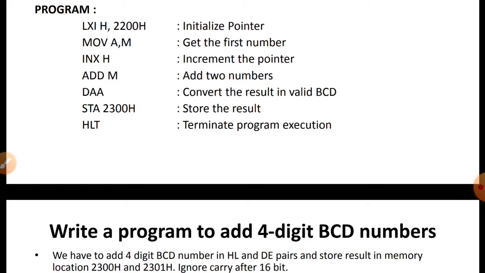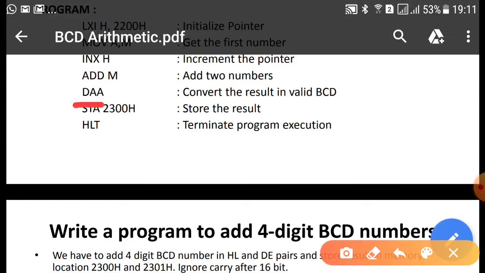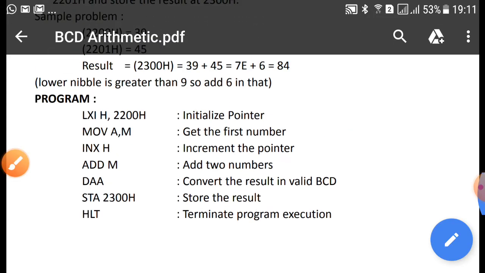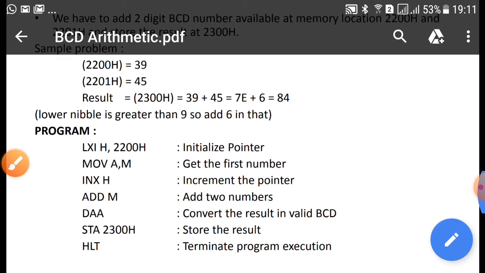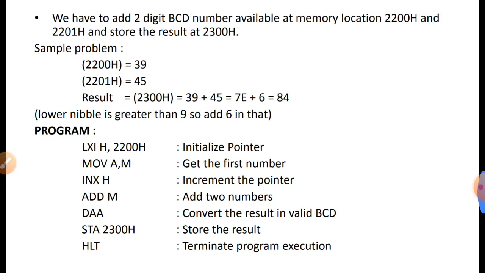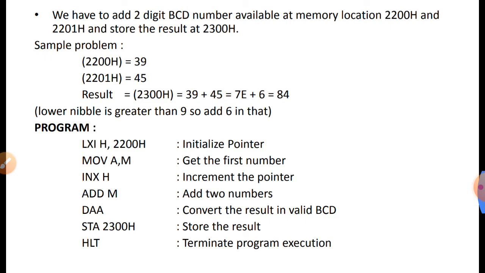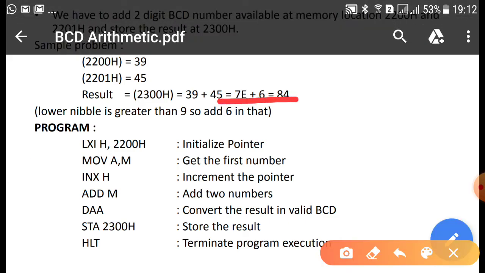So for that we have to do an adjustment, and that adjustment can be done with the help of the DAA instruction. The purpose of using the DAA instruction is to convert the result into a valid BCD, because before that the result we get is 7E. So this result is not in a correct BCD form.